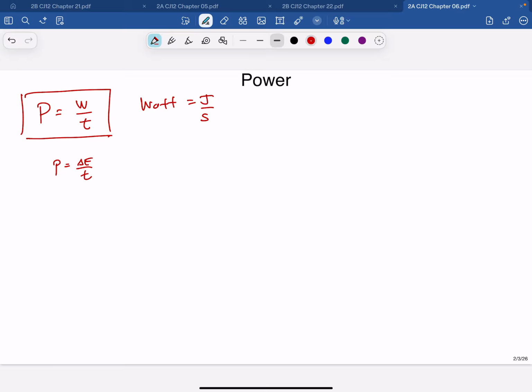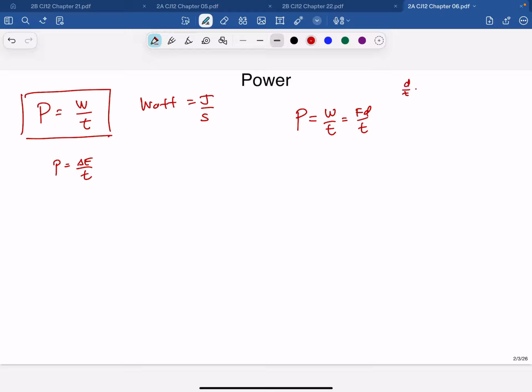So there's a couple things here. What's work? It's force times distance, isn't it? What's a distance divided by a time?